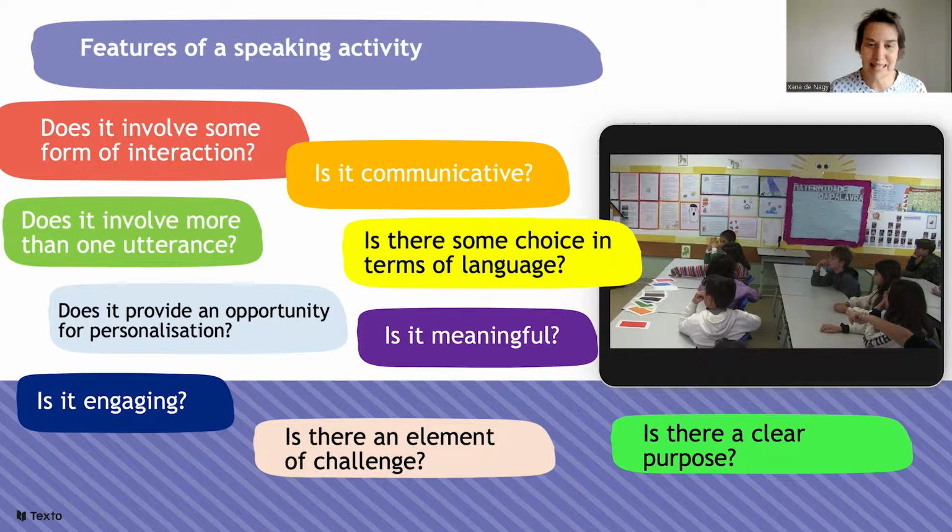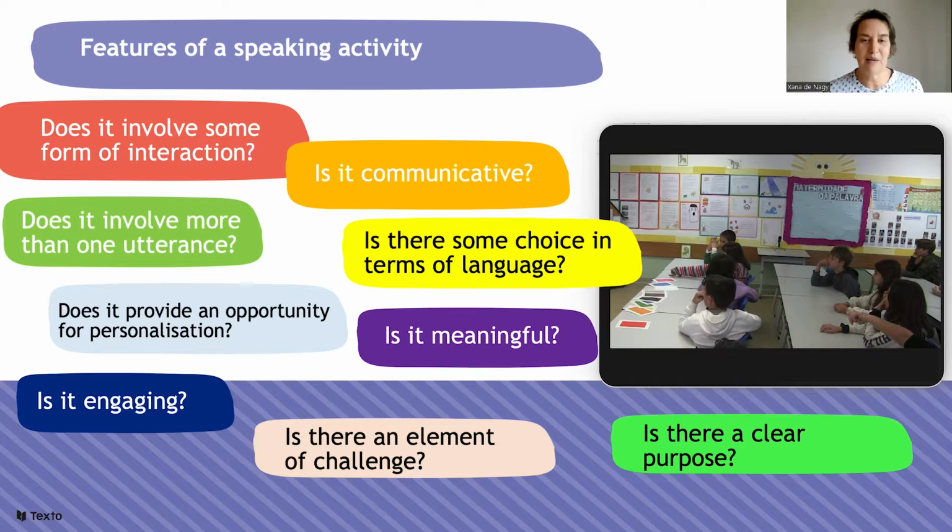So it didn't matter to me, the teacher, that they weren't using the full form of the question, because they were still managing to get the idea across. And in both of these examples, obviously the children had choice in terms of which animals they chose to ask about, right? So that made it personalized, it made it more meaningful, it involved more than one utterance, because they got to ask a question and answer, they were communicating and interacting. And I think you could see from the way they were doing it that they were engaged in the activity.